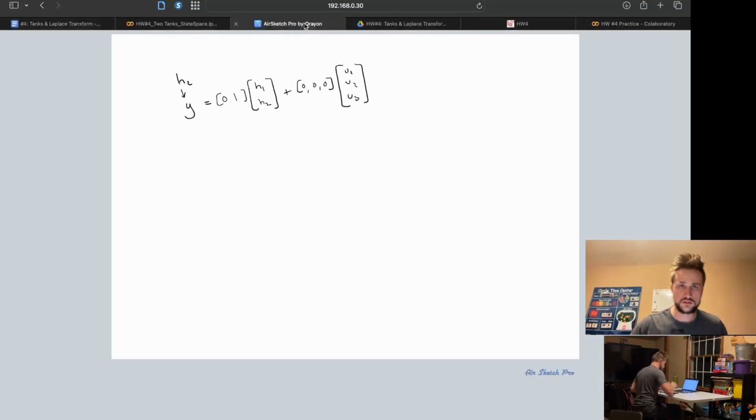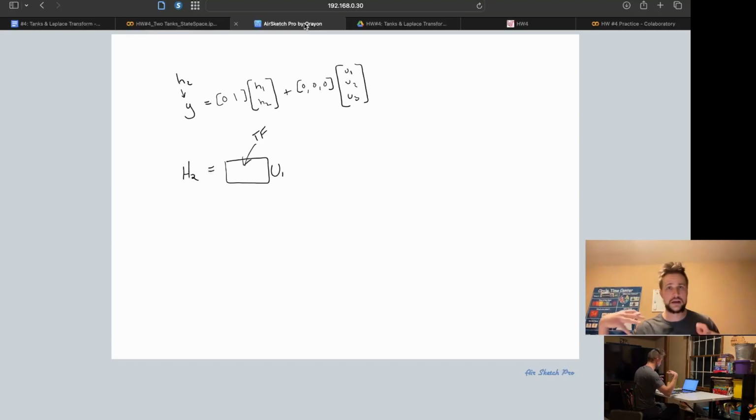Let's go ahead and write out what we're working towards and then code it. Our H2, upon doing the Laplace transform, is going to be impacted by a number of terms. I'm making a box, and each box here is a specific transfer function multiplied by our system inputs that would have a bearing on the height of tank 2.